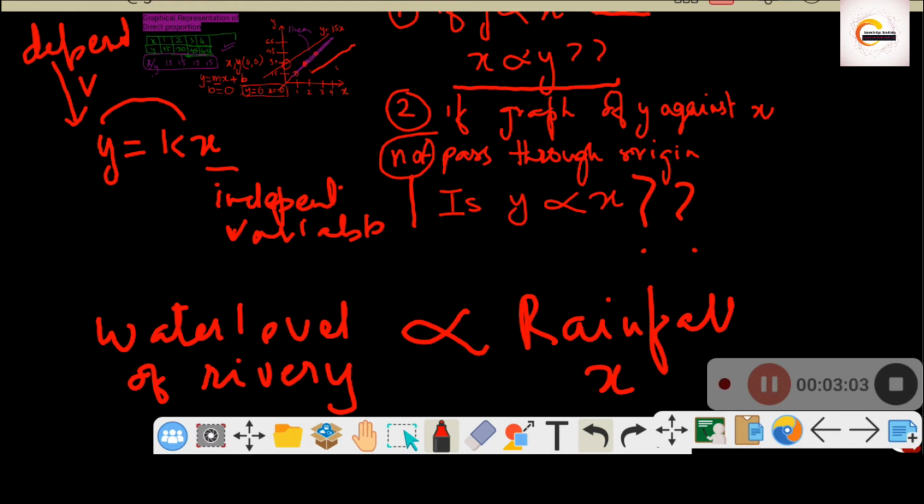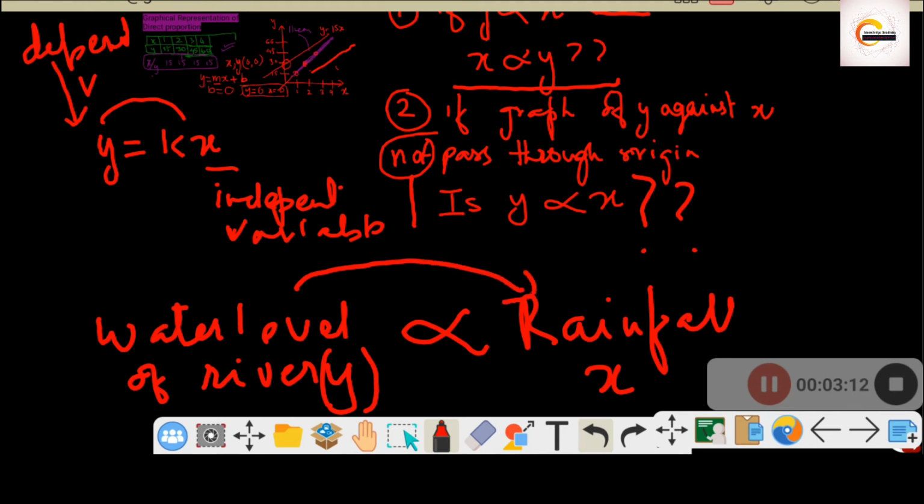Now, we can clearly see that the water level of the river depends on rainfall, but rainfall does not depend on the level of water. Therefore, we can say that y is directly proportional to x, but x may or may not be directly proportional to y.